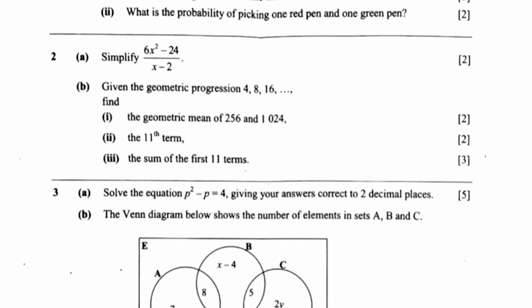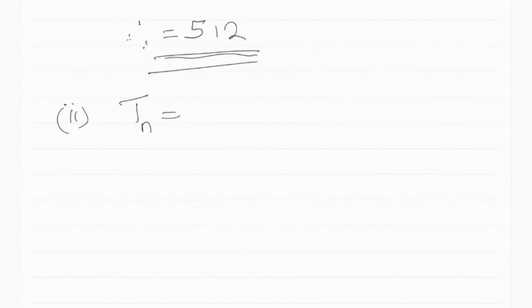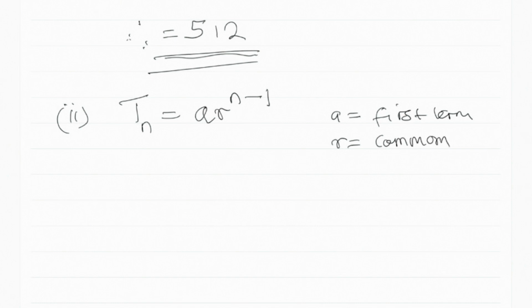To find the 11th term of the geometric expression, we're going to use the formula Tn equals A R to the power n minus 1, where A is the first term and R is the common ratio.